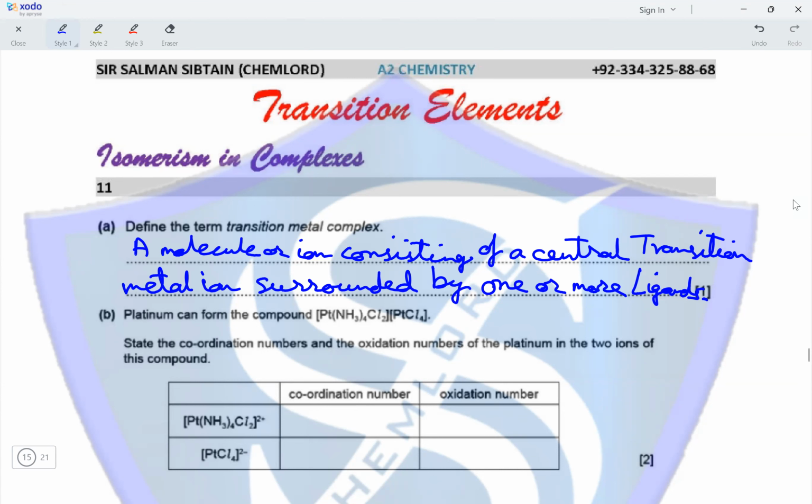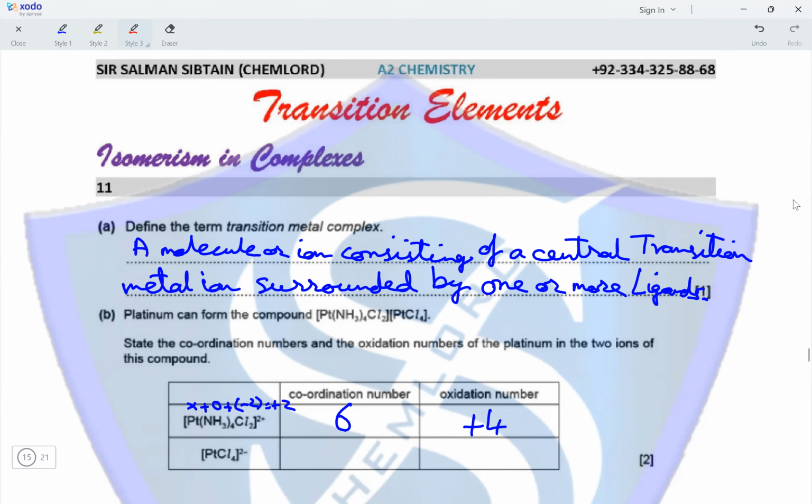So, the coordination number of this complex is six, and the oxidation number of platinum would be X. Here, this is 0, this is -2, and all of this is equal to +2. So -2 on the other side goes to +2. So +2 and +2 gives us an oxidation number of +4 for platinum.